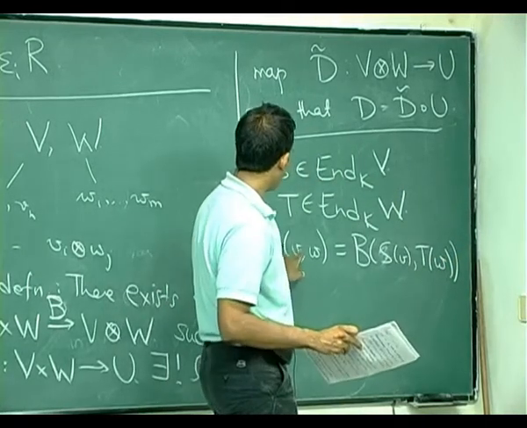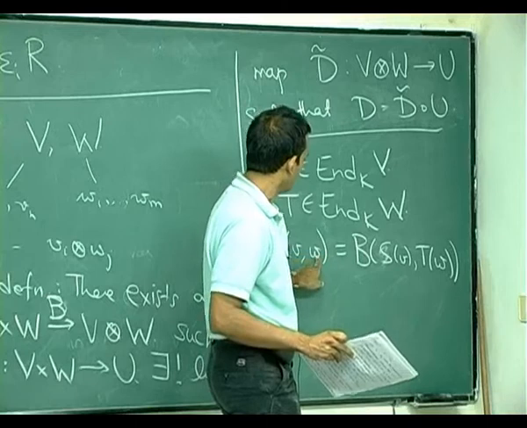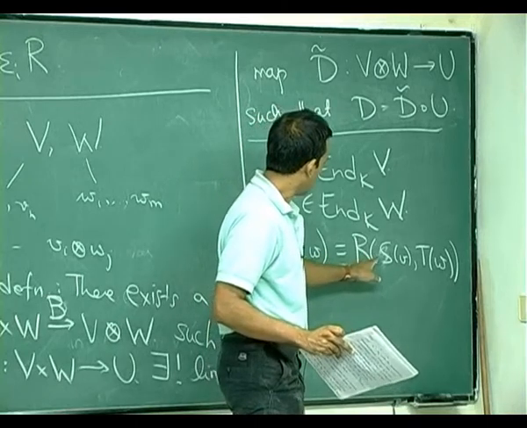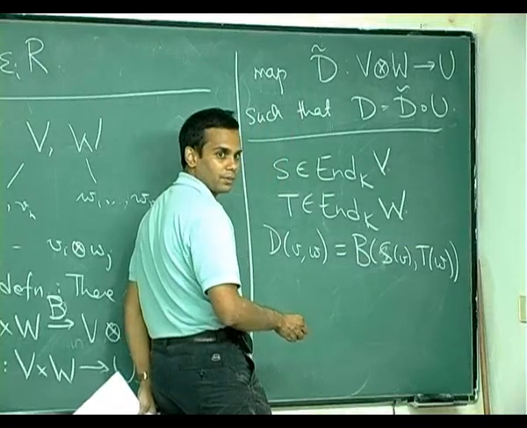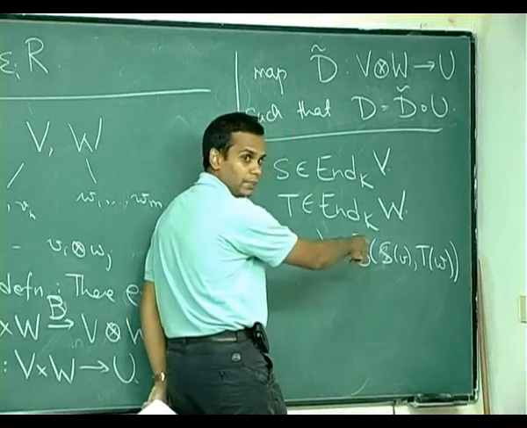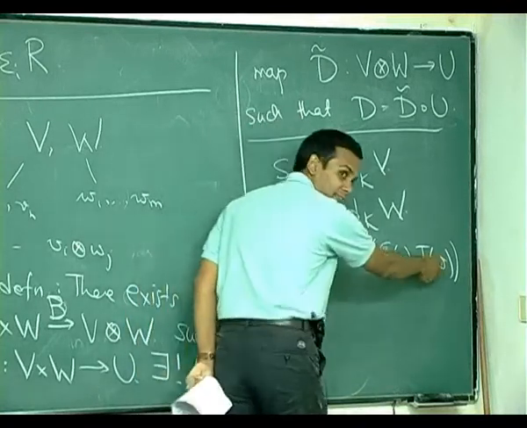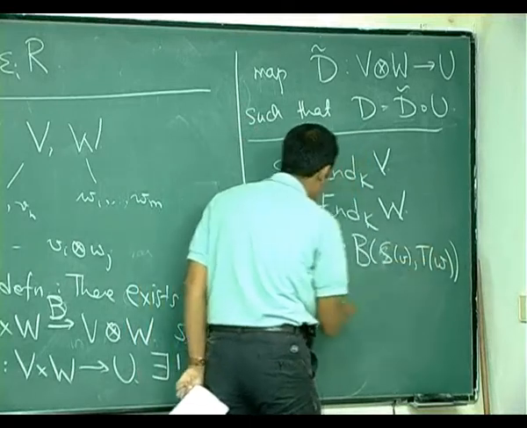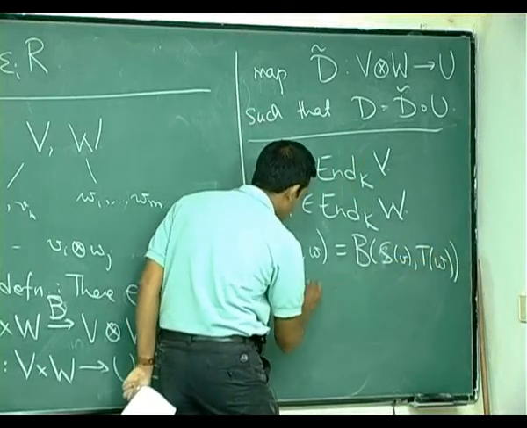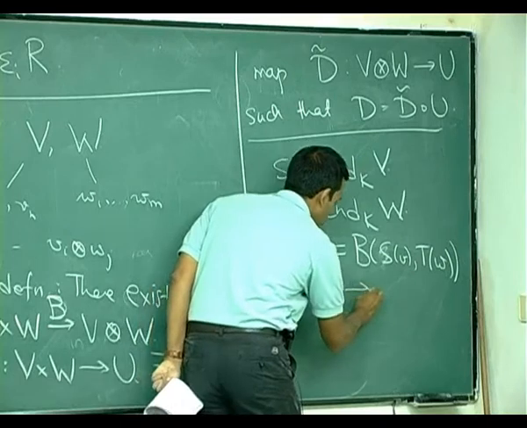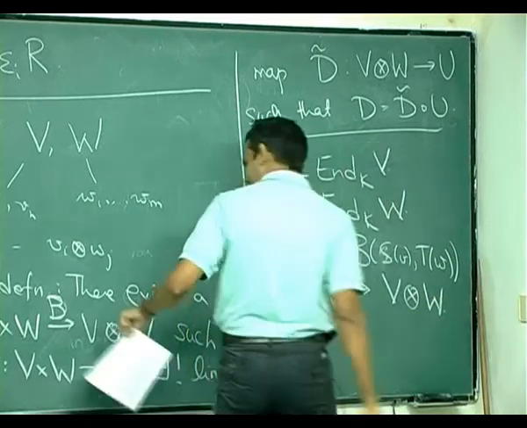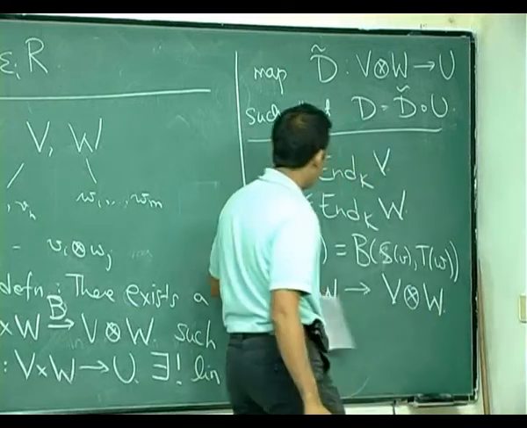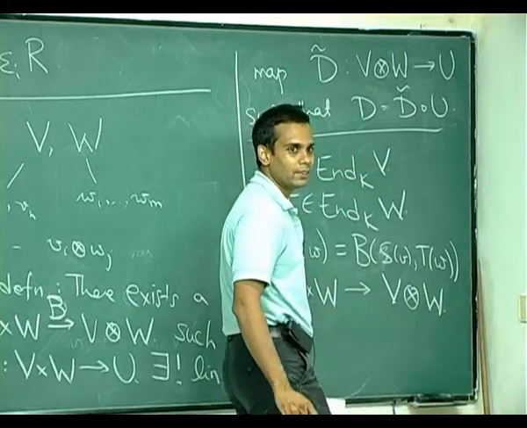This is a bilinear map from V cross W to V tensor W, right? Because B goes to V tensor W and it's bilinear in these things. So this being a composition is also bilinear. So according to this definition, there should be a linear map from V tensor W to V tensor W.